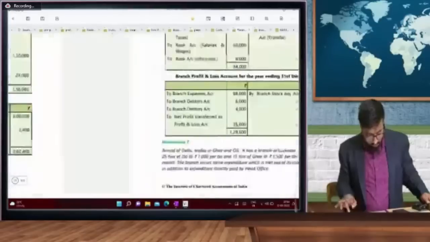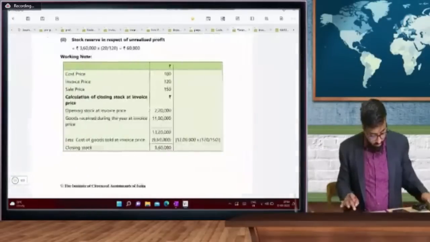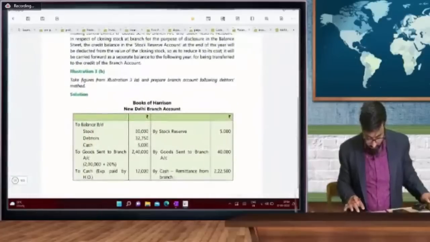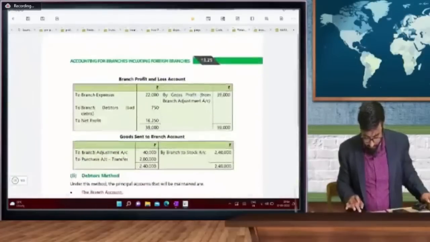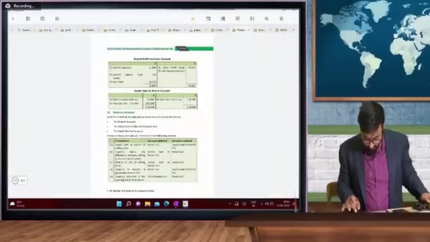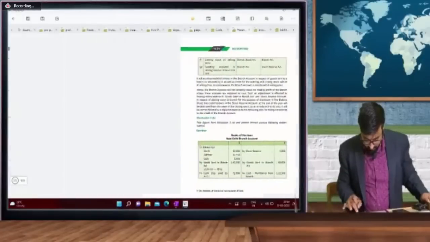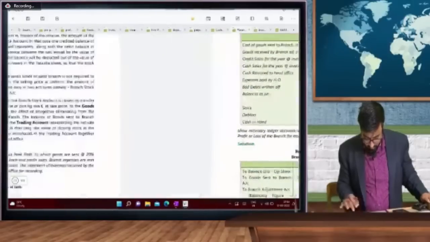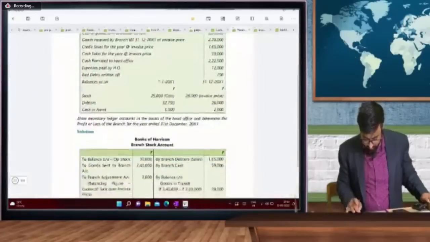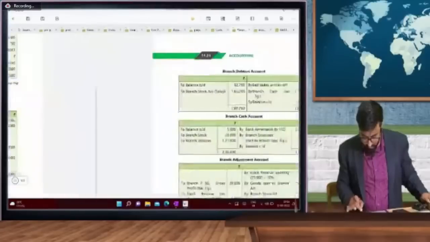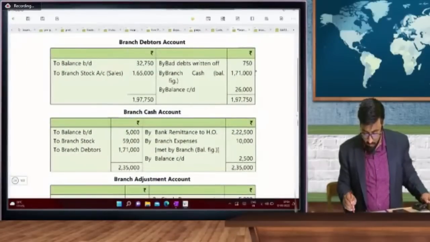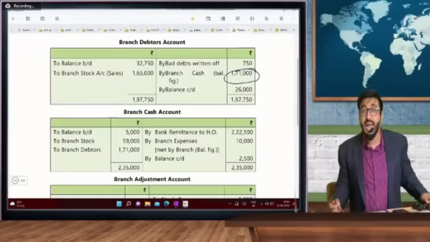If you have any query related to illustration number 3... If you open the branch debtors account, 1,71,000 is the cash which is collected from debtors.